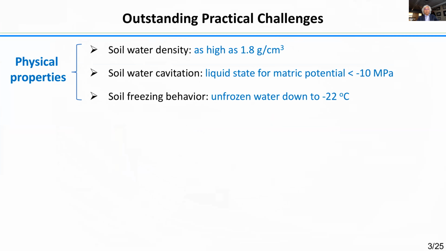However, evidence in the last half century, both experimental and theoretical, indicates that the density could be as high as 1.8 grams per cc. That is very, very high. We know that liquid water is somewhat incompressible, although it is compressible, but it can be compressed so much that the density can go as high as 1.8.